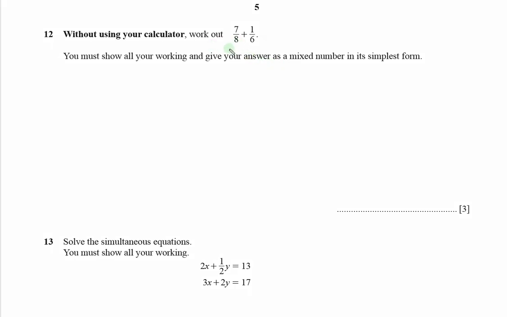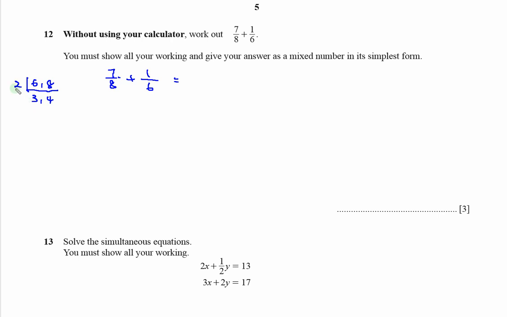Okay, now without using a calculator, work this out, a very simple one. Now 7 over 8 plus 1 over 6. To combine the two fractions, you have to have a common denominator. So for 6 and 8, take the smallest prime number, you got 3, you got 4.